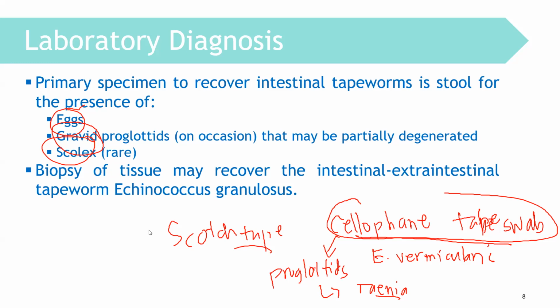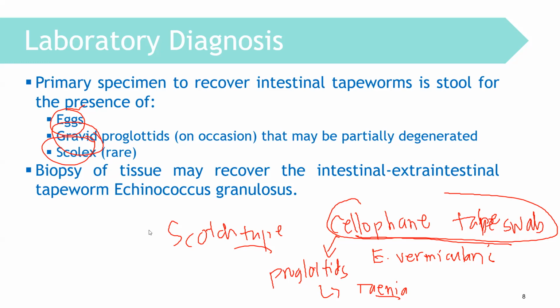Usually, the sample of choice for our cestode demonstration is, of course, stool. But there are other parasites wherein stool is not recommended, or we can use stool but it is not that specific. Let's say, for example, in cases of Echinococcus granulosus.